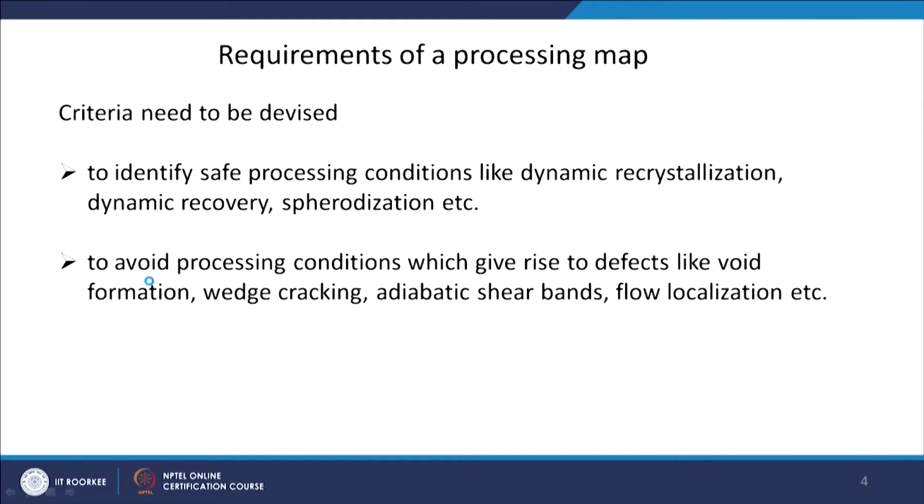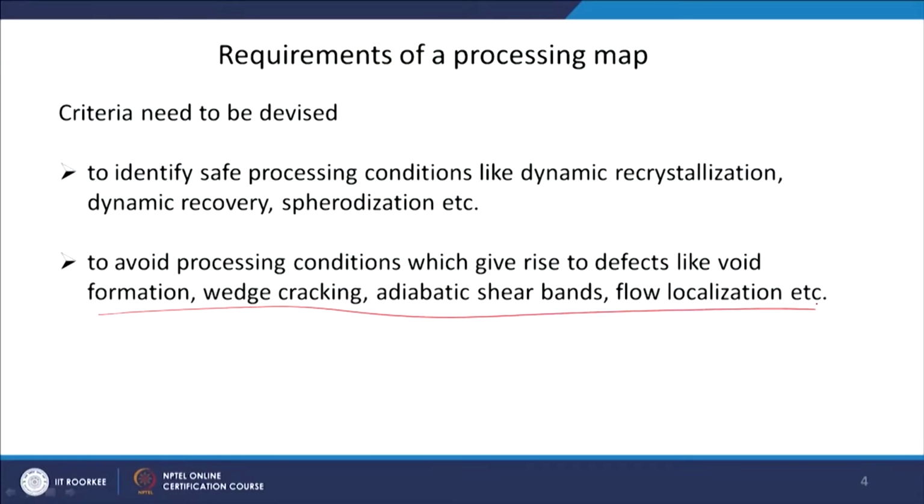So, my model, for example, in this case the DMM, the criteria for the DMM model should be such that it should be able to identify the safe processing regions, like dynamic recrystallization, dynamic recovery and so on, and how I can avoid the processing conditions which give rise to defects like void formation, wedge cracking, adiabatic shear bands, and flow localization.